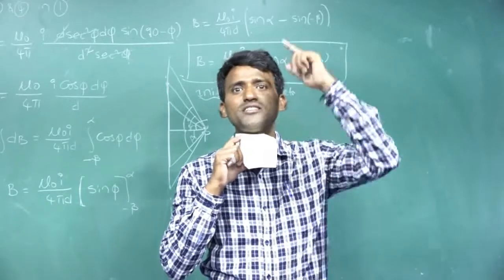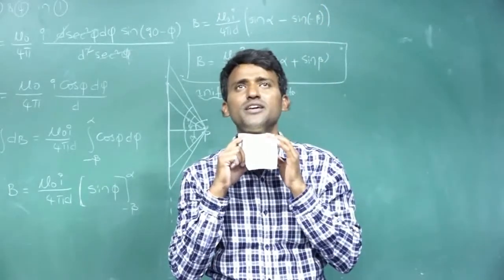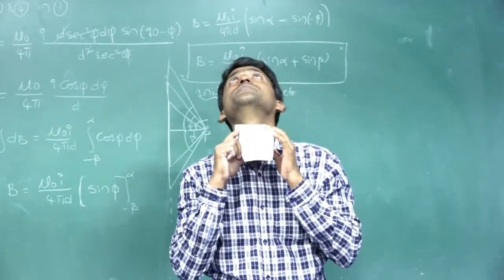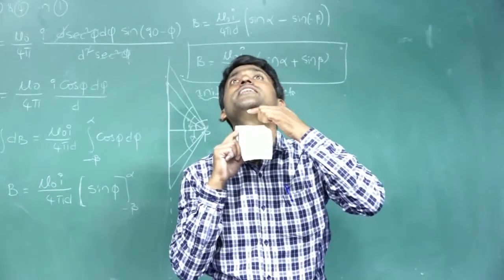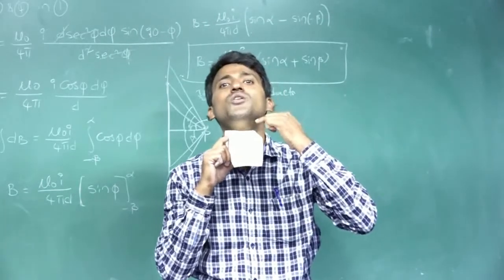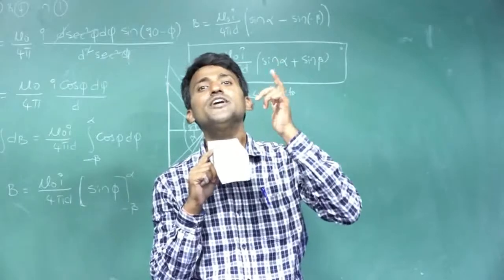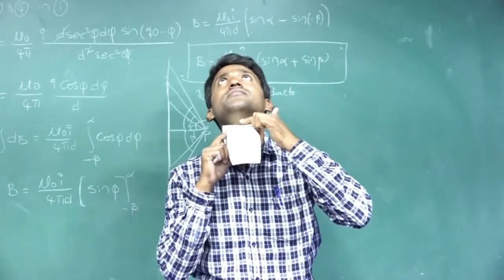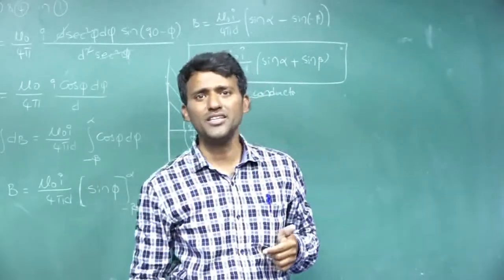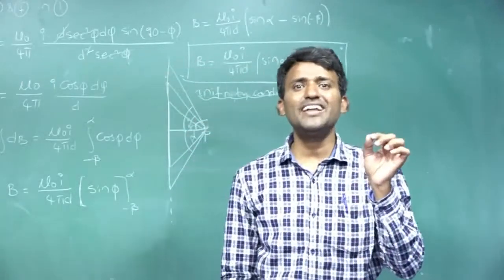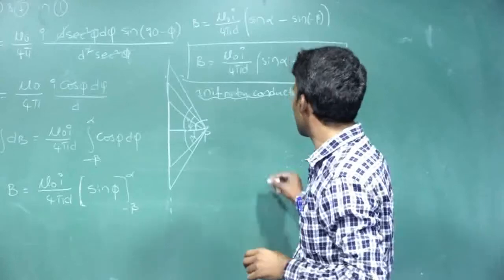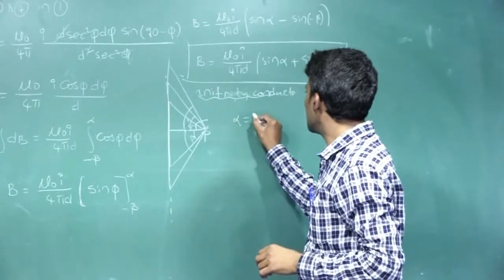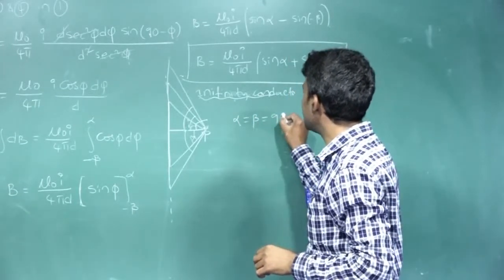Now the point is on the sky. When I observe the sky like this, what is the angle? 90 degrees. So when the conductor is infinite, while I am raising my head, the angle is increasing, so at that moment we take it as 90 degrees. Alpha is equal to beta is equal to 90 degrees.